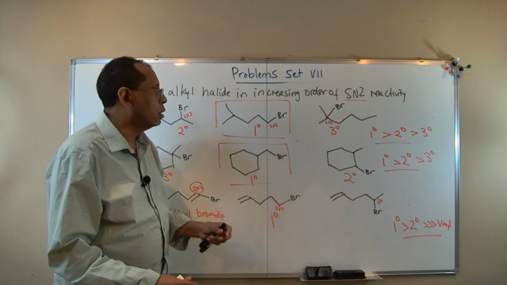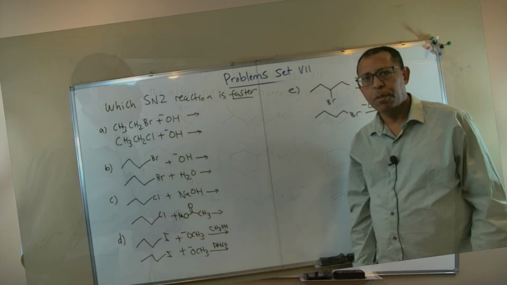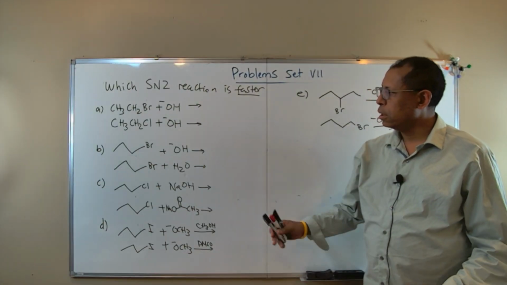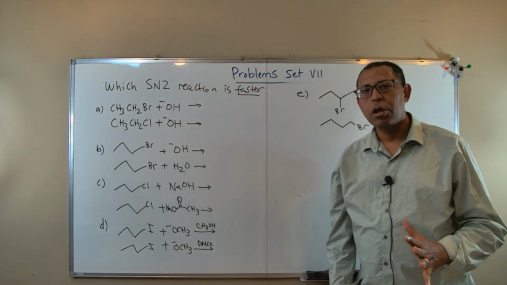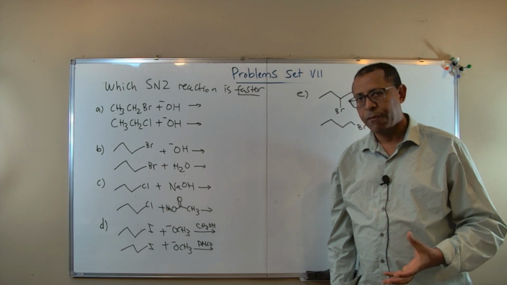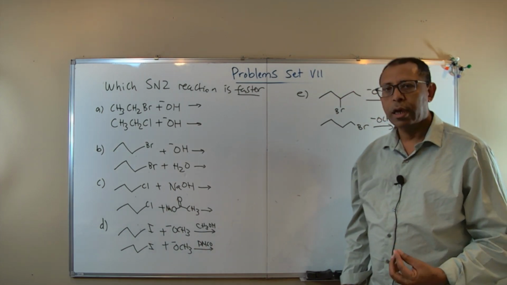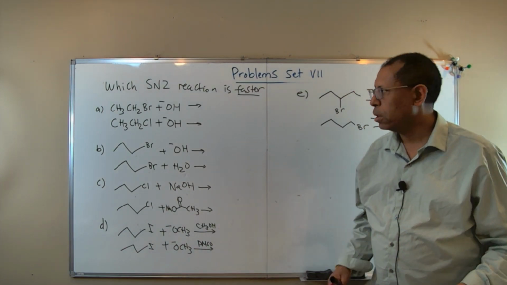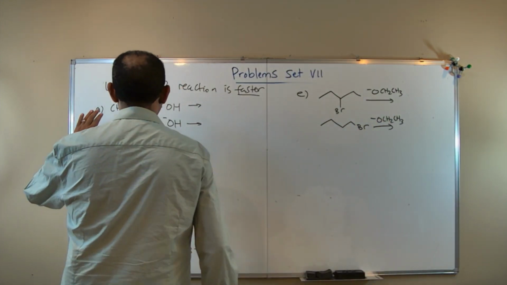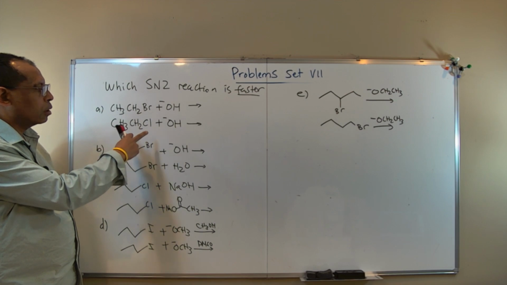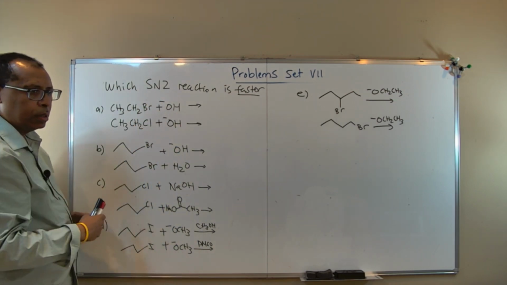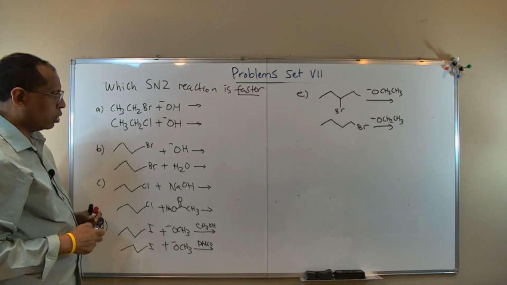Okay, so we'll continue. Continuing to solve more problems. In this series, pairs of reactions are given, and it's asking you between those pairs of reactions, which SN2 reaction is faster. So in A, for example, you have ethyl bromide and ethyl chloride, the same nucleophile is given, SN2 reaction.